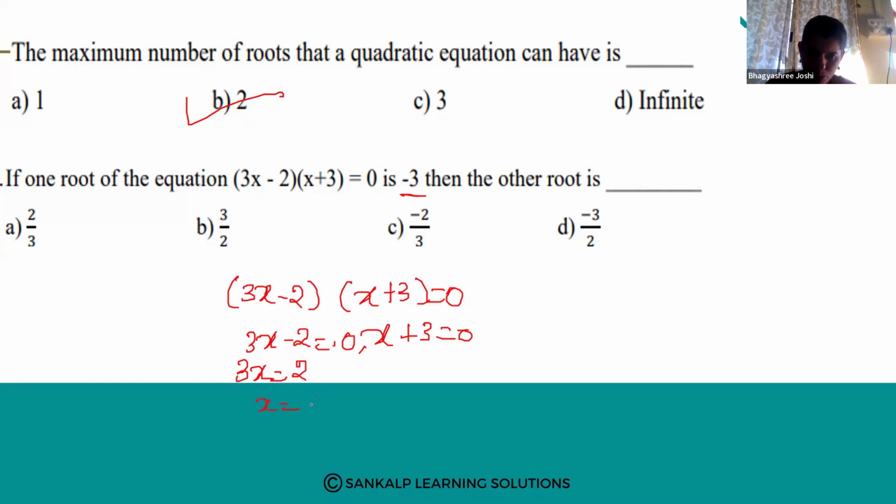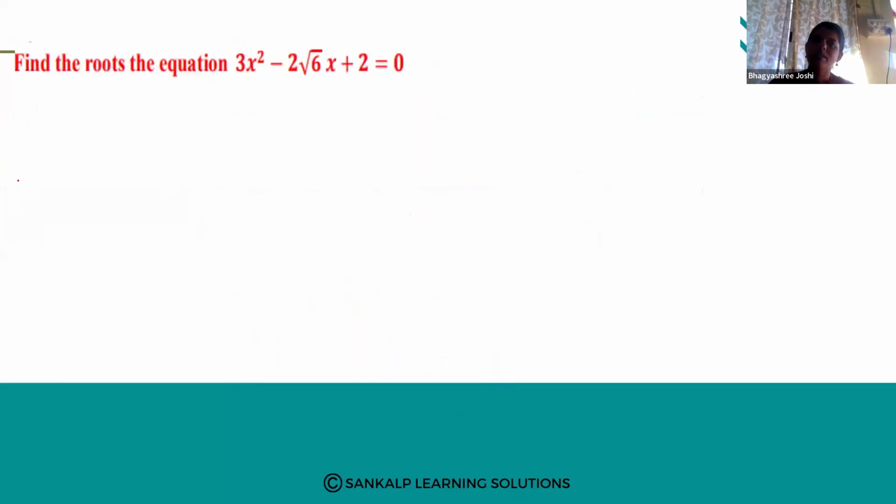X is equal to 2 divided by 3. X is equal to, transfer this 3 to this side, that is minus 3. So x is equal to minus 3, x is equal to 2 divided by 3. That means one root is minus 3 they have given, another root is 2 divided by 3. So option A is right. Yes or no? Yes. Next, these all are 2-mark questions.